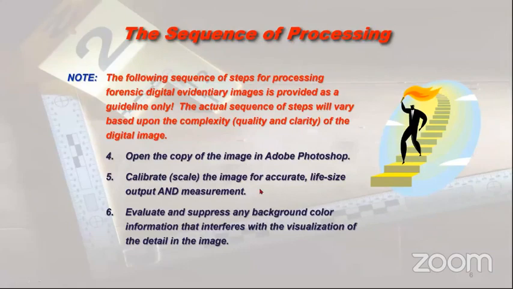I want to mention also that during calibration, there are typically two different options for calibrating images. We would have the option of either using the ruler tool to measure the size of the impression, or the distance on a scale.